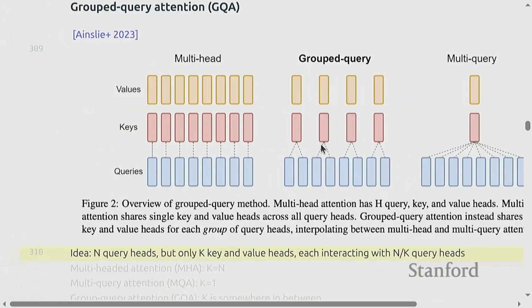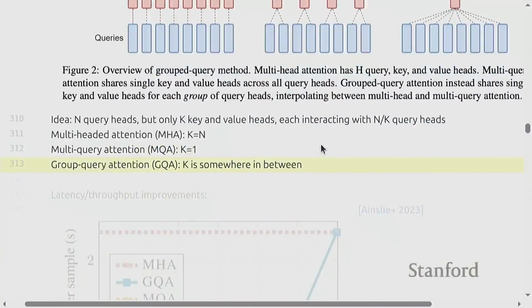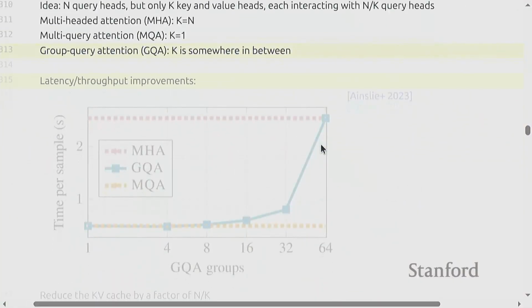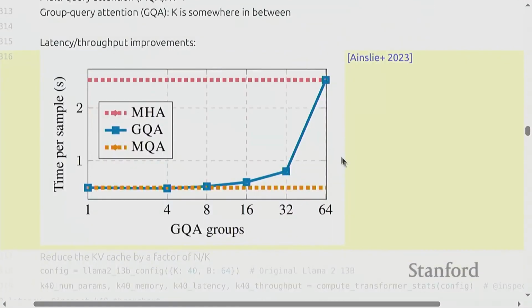Okay, so that's basically the idea, and this paper shows that you do get latency and throughput improvements, so time per sample, and as you increase the number of groups, up to 8 or so, there's basically a negligible difference. It's really fast compared to the full attention. And as you increase the number of groups, obviously you end up at the original. So that's latency and throughput improvements.